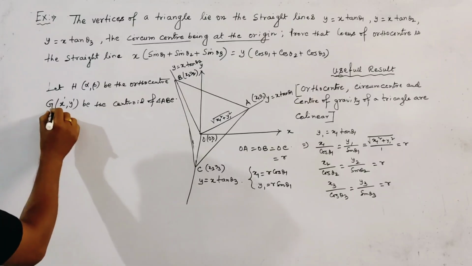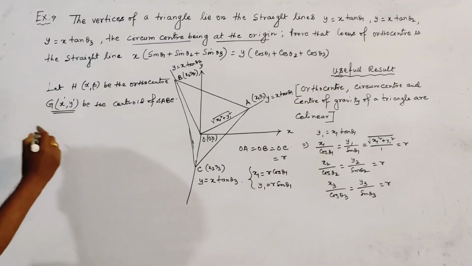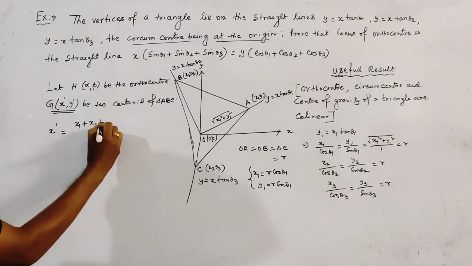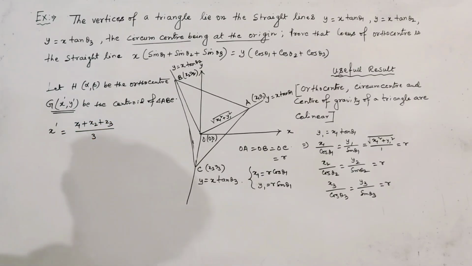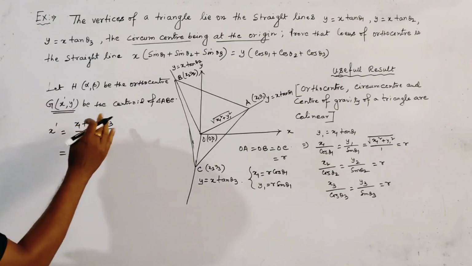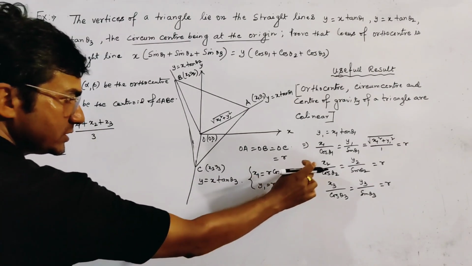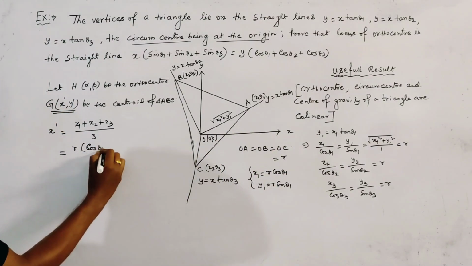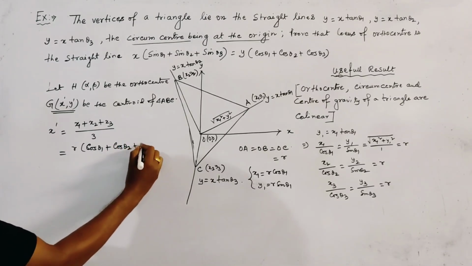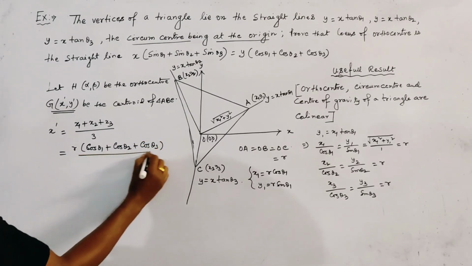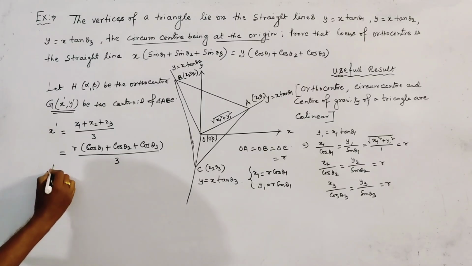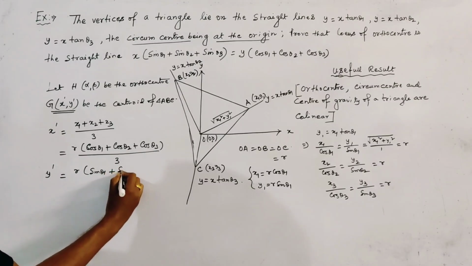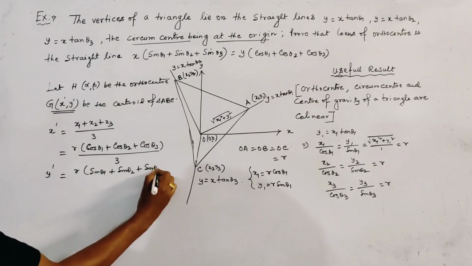Now we know that the formula of the centroid is given by x dash = (x1 plus x2 plus x3) by 3, and putting the values of x1, x2, x3 from here, we get R into (cos theta 1 plus cos theta 2 plus cos theta 3) by 3. Similarly we write directly y dash = R into (sin theta 1 plus sin theta 2 plus sin theta 3) by 3.